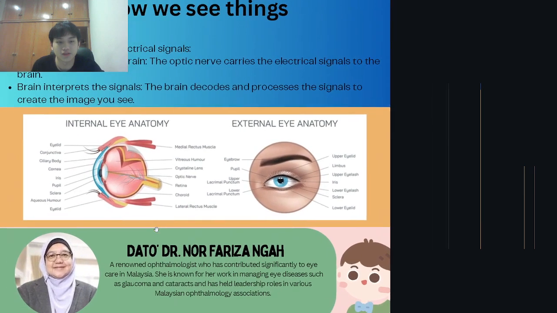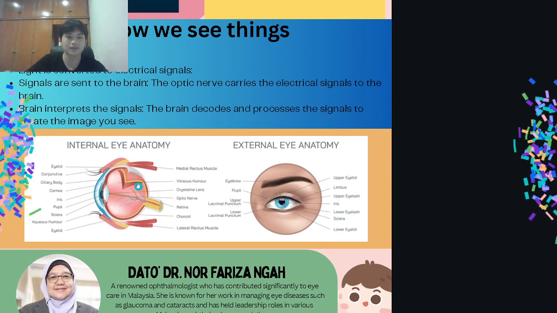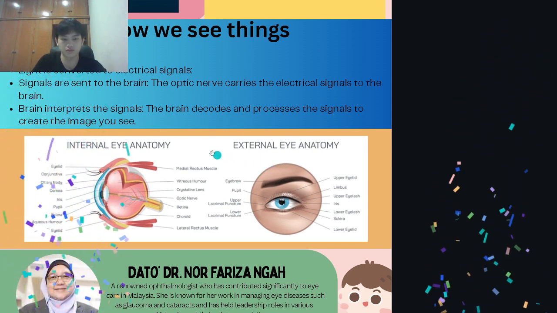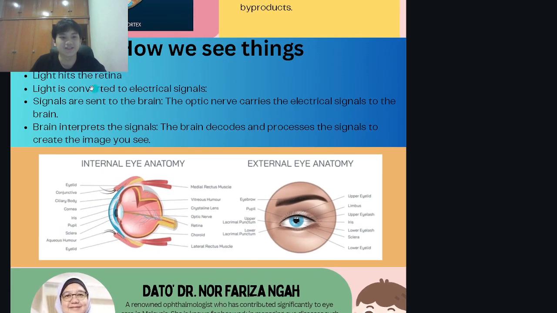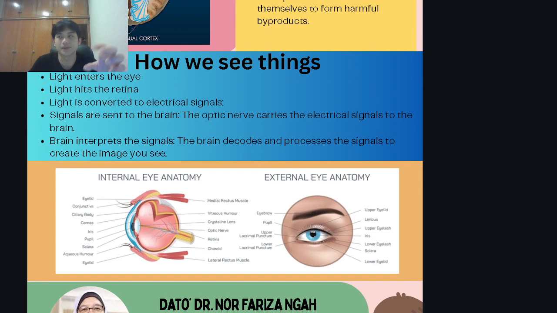After knowing the anatomy of the eye, how do we perceive and see things? The first step is that light enters the eye. As we perceive things, the object that we see enters our eye, rather than us seeing the object.